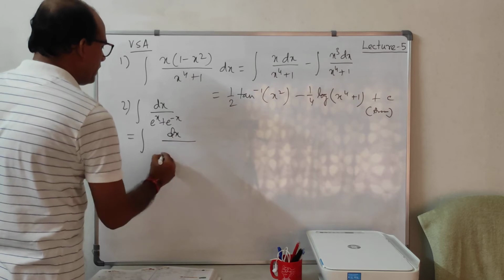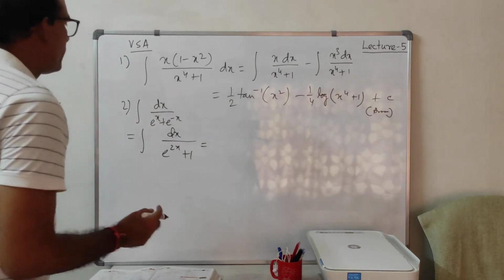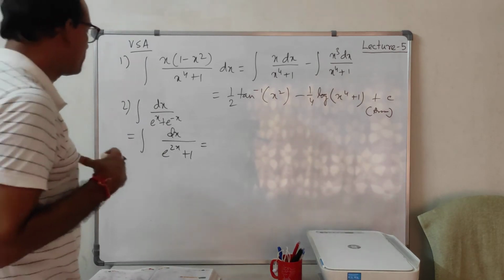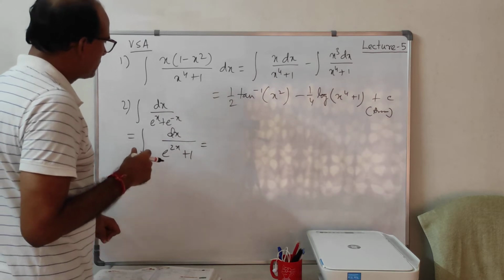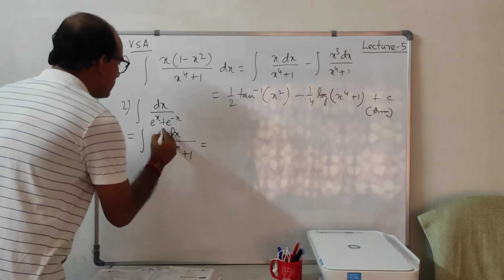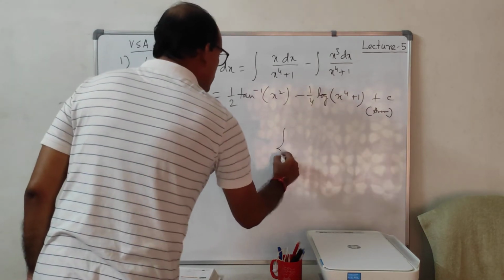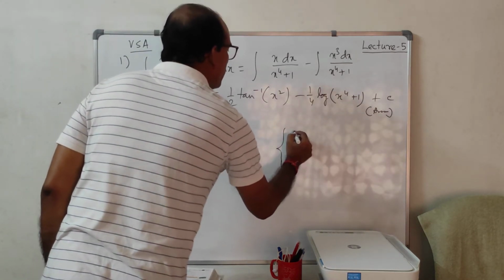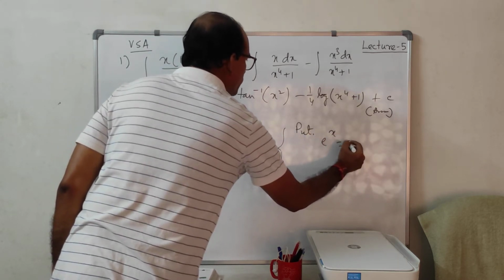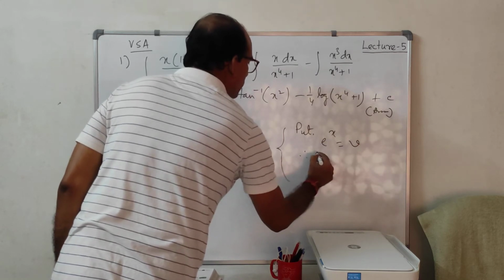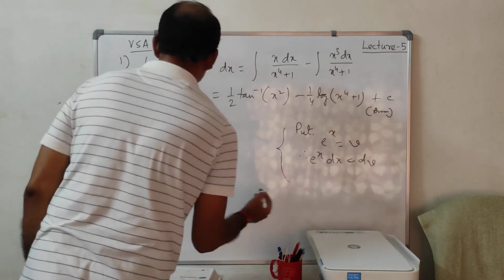It will be e to the power 2x plus 1. So these things, e to the power 2x, and in the numerator, sorry, it will be e to the power x. And suppose you put e to the power x equals v, therefore e to the power x dx, taking differentials on both sides, equals dv.